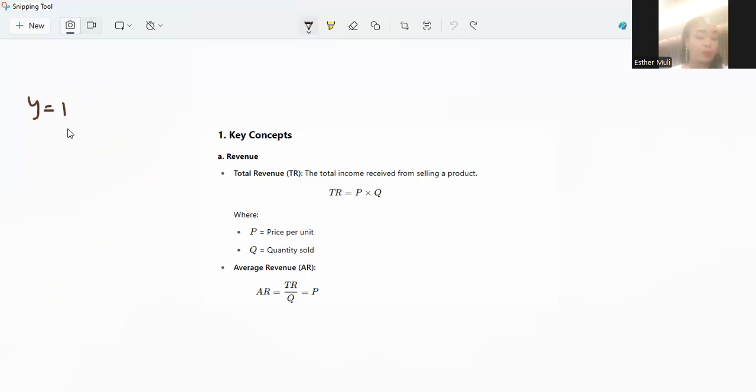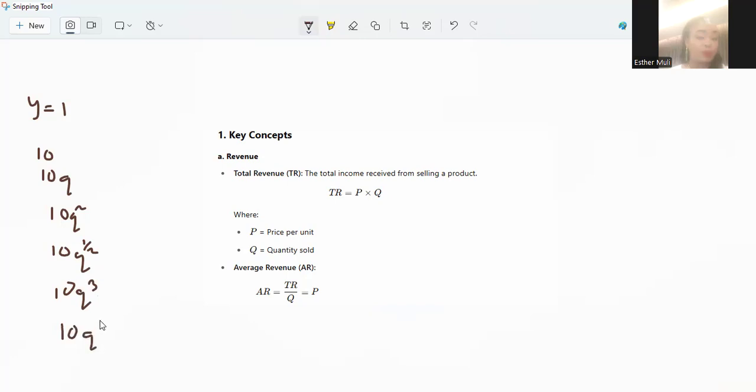Okay, suppose we have 10, 10Q, 10Q squared, 10Q to the half, 10Q cubed, and 10Q to the 5.